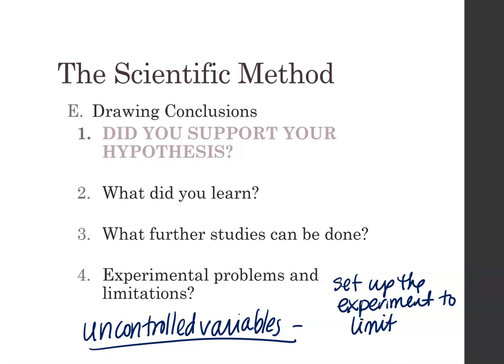You want as many things to be the same as you can. Uncontrolled variables are not necessarily bad, but you just have to evaluate how much you think they're affecting the experiment, because sometimes uncontrolled variables can have a great effect on your experiment. So we really want to try to limit the uncontrolled variables that we have in our experiments.